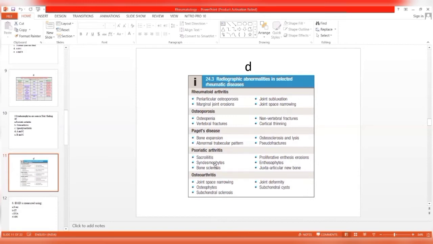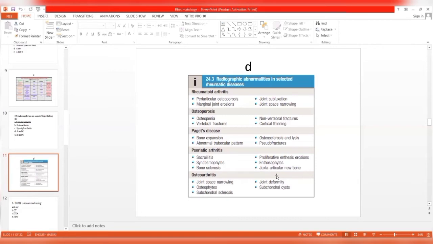Syndesmophyte is seen not only in spondyloarthritis, it is seen in psoriatic arthritis also. Then there are enthesophytes. What are enthesophytes? Calcification of the enthesis, meaning the junction where the tendon joins with the bone. Then there is bone sclerosis and also juxta-articular new bone.